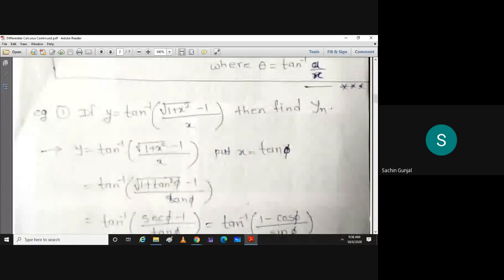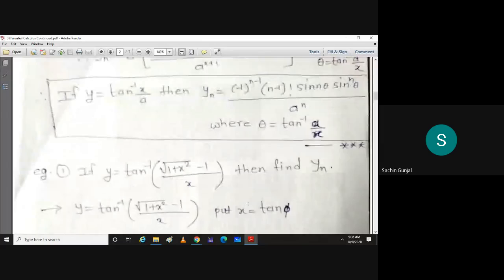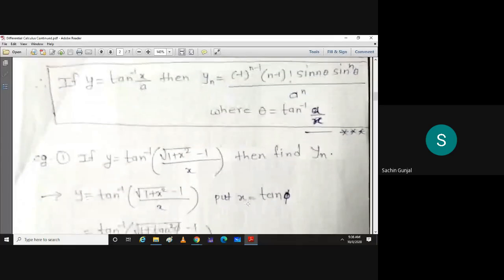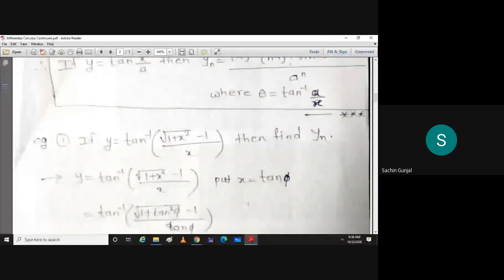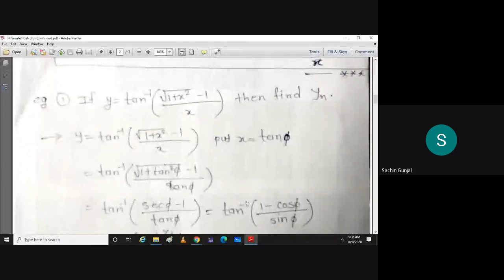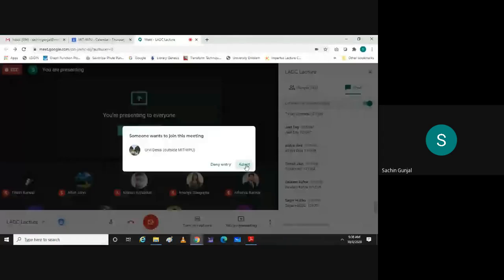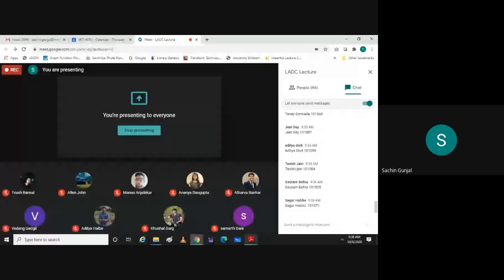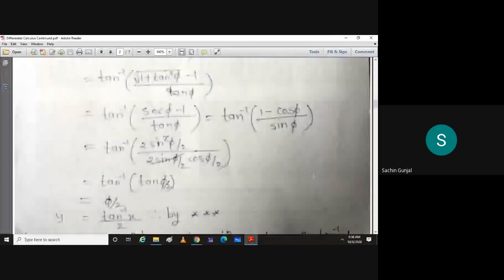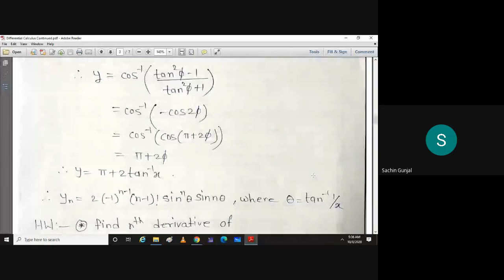Using this, we have seen some problems by substitution, and most of the time the substitution will be x is equal to tan phi, because we know the nth derivative of tan inverse x by a. Then these were the homework on it.